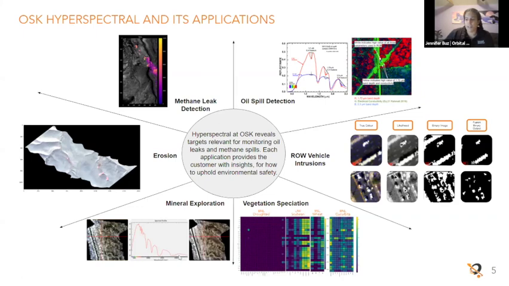Mineral exploration, we're actually able to pick up really minute traces of elements and rare minerals. And of course, relevant to today's presentation, vegetation speciation and also vegetation health. And I'll get into that more, and lastly, just right-of-way intrusions along different infrastructure that needs to be monitored.